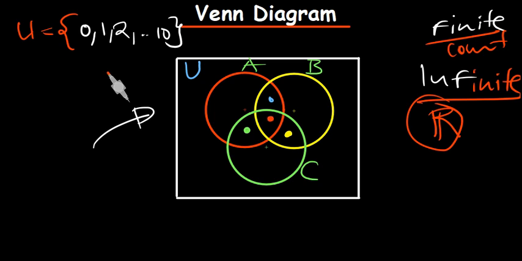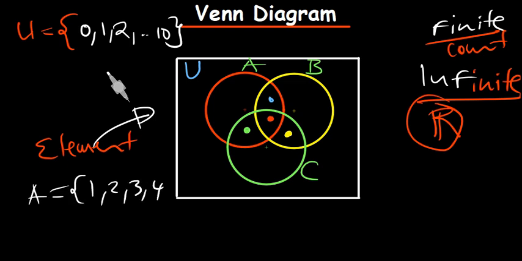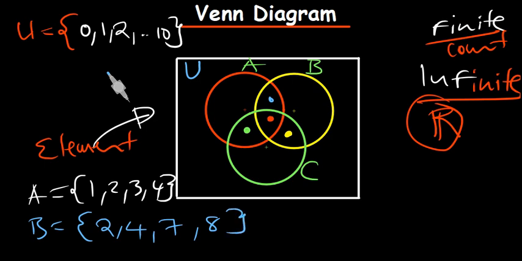Now, you've seen that I've focused more on the elementary form, where we can have set A to have 1, 2, 3, 4. Set B containing 2, 4, 7, 8, and then set C containing 1, 4, 8, 9.